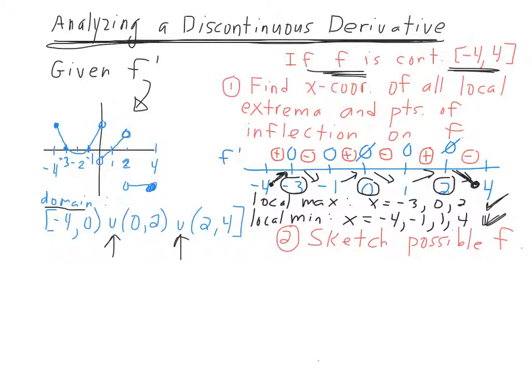Now, for our inflection points, let's keep in mind that we need the second derivative and we need to know where the sign is changing. Okay, so now you need to be thinking in terms of the derivative. Well, at x equals -2, this equals an inflection point because the second derivative changes sign.